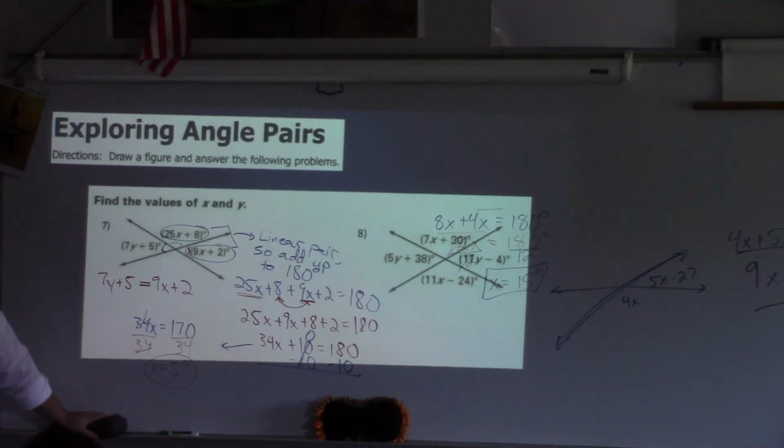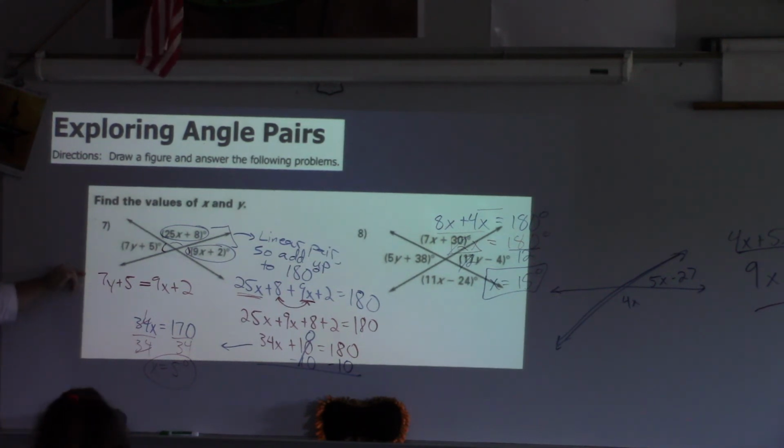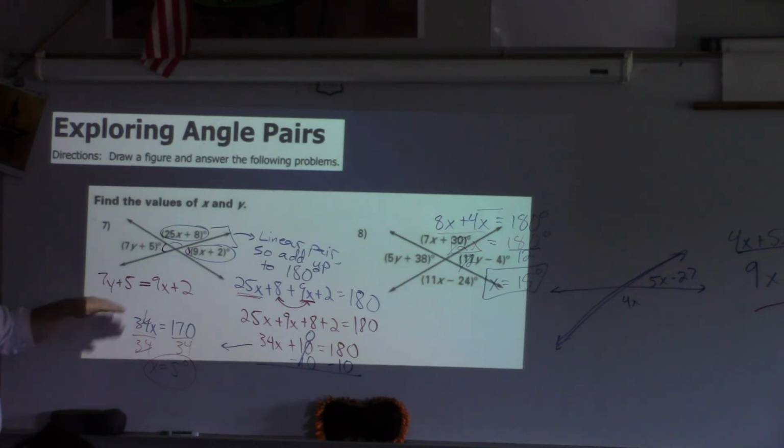Okay. So if we have x is 5 degrees, how can I use that to help me figure out what y is? It's gonna be the same thing. It's not necessarily going to equal 180.